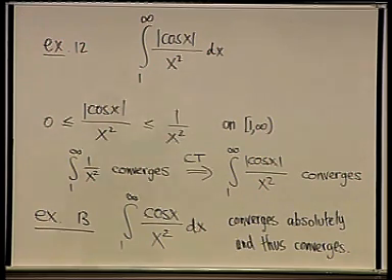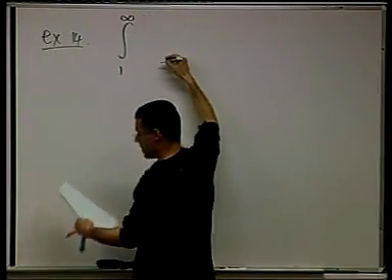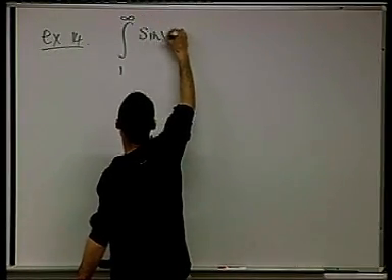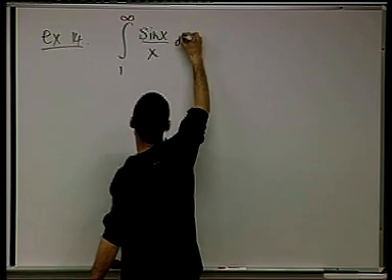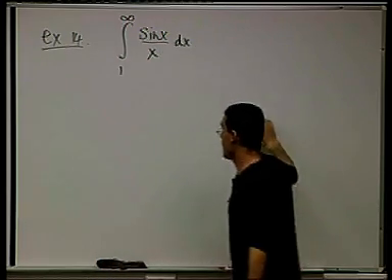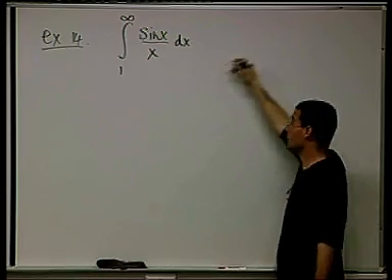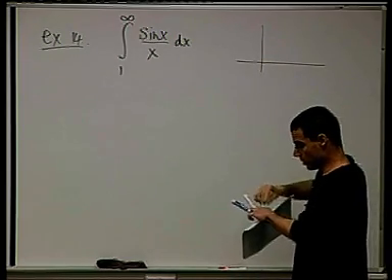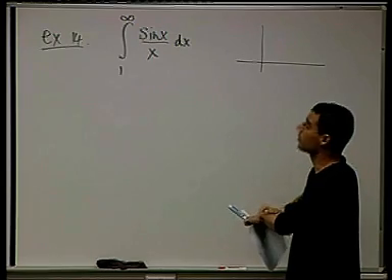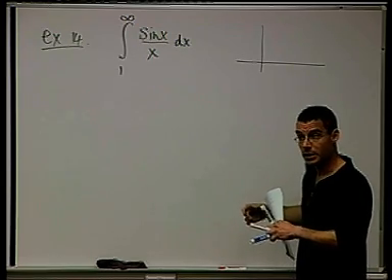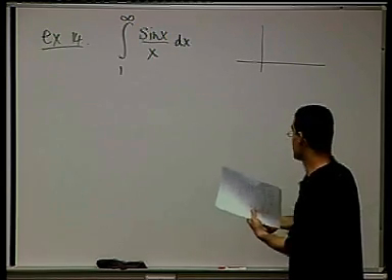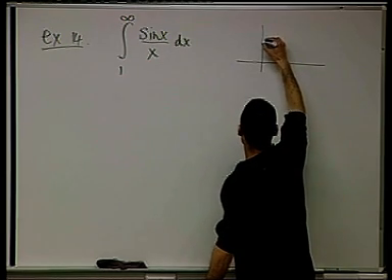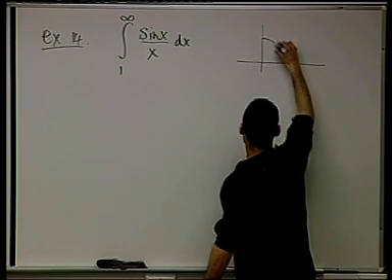Okay, example number 14 for today. Suppose I want to determine convergence of the integral from 1 to infinity of sine x over x. Do you remember what this function looks like? We drew it several times. Mostly we were interested in this function because of its behavior near 0. The limit goes to 1, and that's what we usually cared about. But we also know what it looks like as we approach infinity.